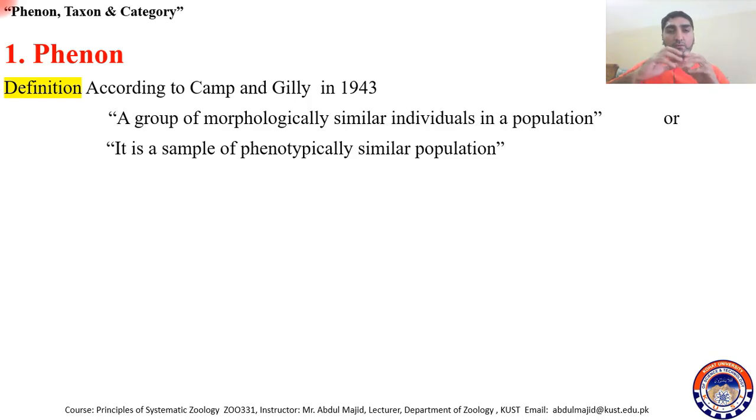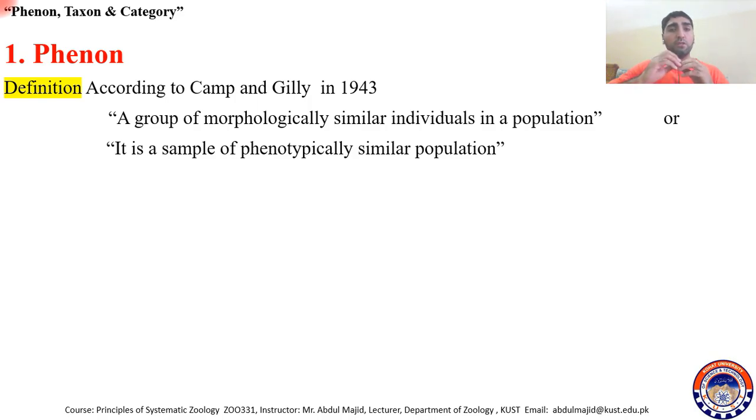Meaning if they are physically similar, for example, if the eye color is similar in certain individuals, there is a phenon. If the hairs are similar, for example, curly hairs or straight hairs as a character, so if 5 or 6 individuals have similar curly hairs, there is one phenon.